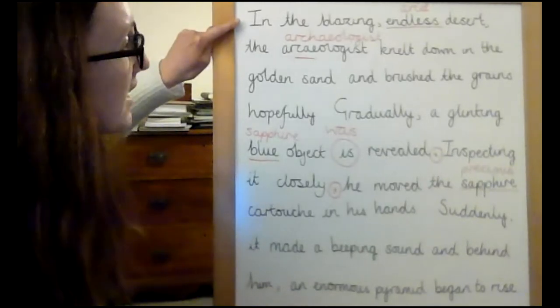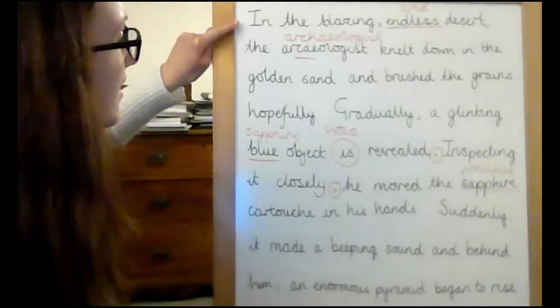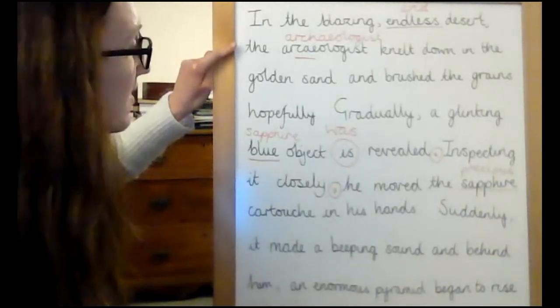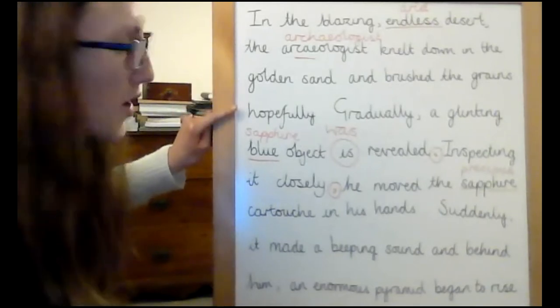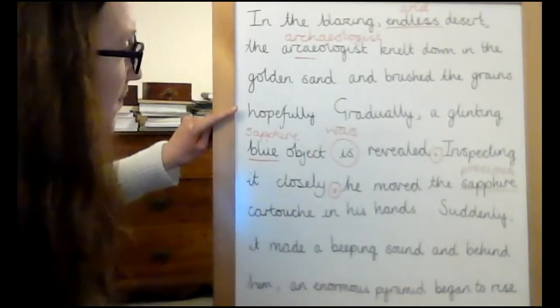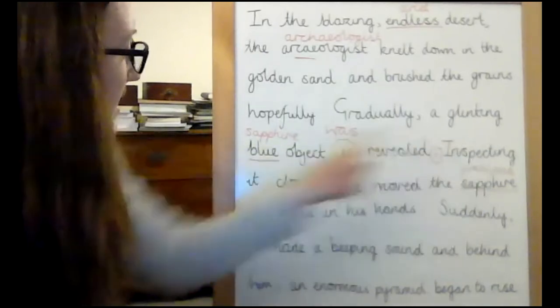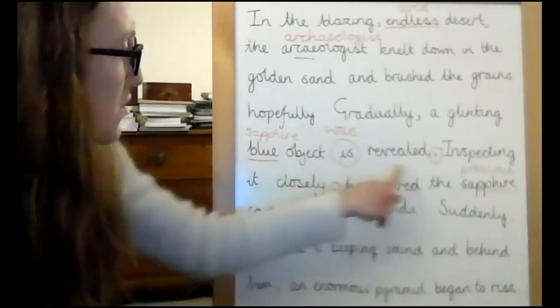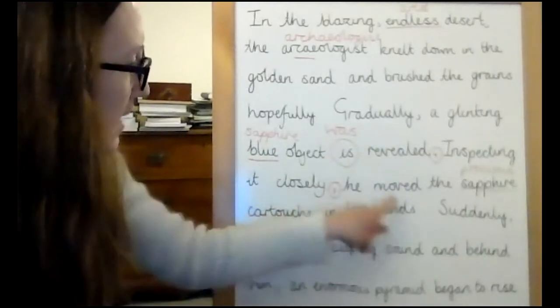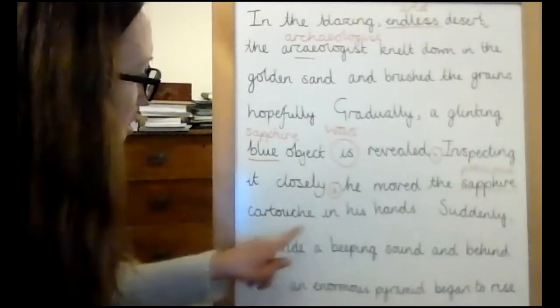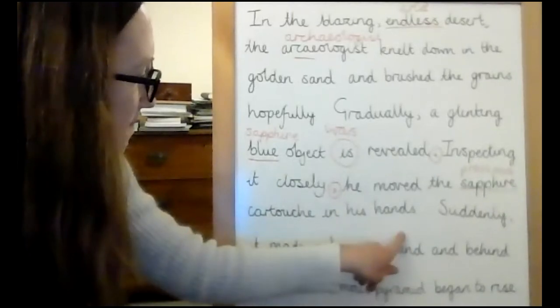In the blazing, arid desert, the archaeologist knelt down in the golden sand and brushed the grains hopefully. Okay. Gradually, a glinting sapphire object was revealed. Inspecting it closely, he moved the precious cartouche in his hands.